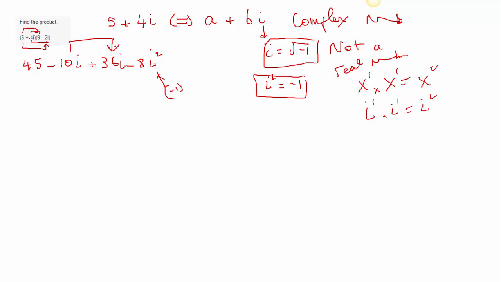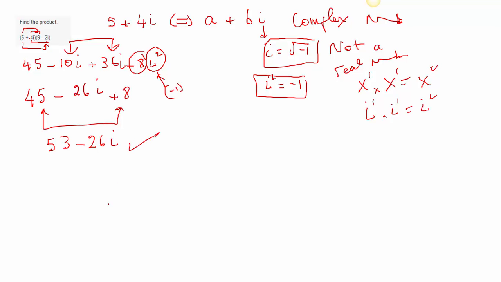Negative 10i plus 36i is 26i. So 45 minus 26i. Now, negative 8 times negative 1, because i squared is negative 1, is plus 8. So what is 45 plus 8? 53 minus 26i is the final answer.